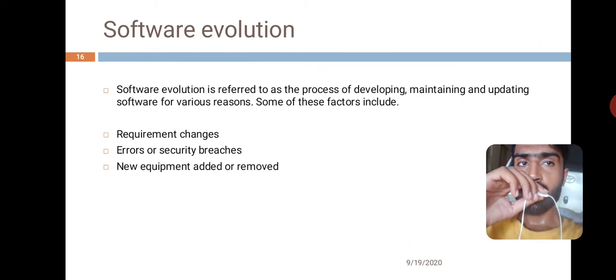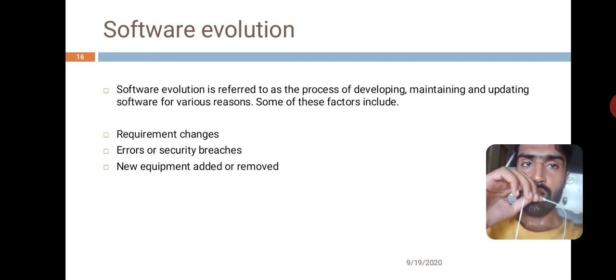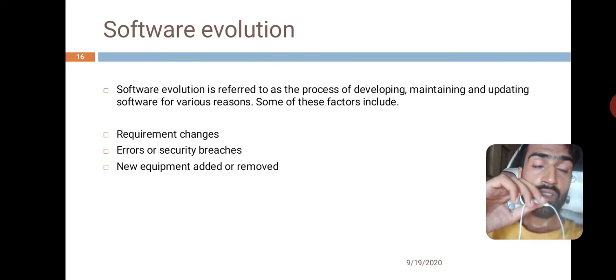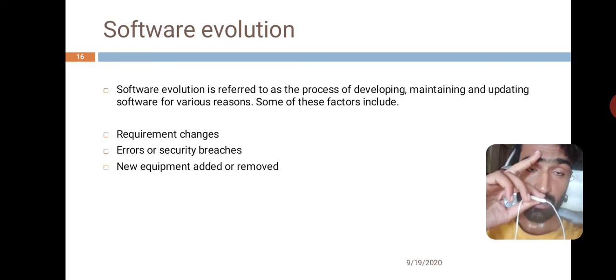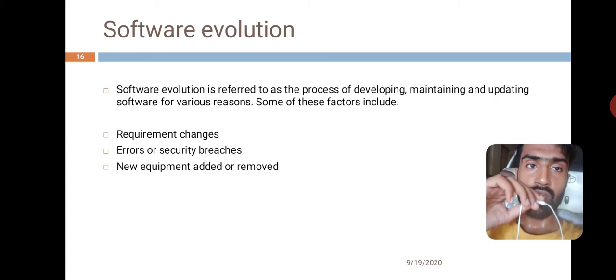Software evolution. Software evolution refers to the process of developing, maintaining, and updating software for various reasons. Some of these factors include requirement changes, errors or security breaches, and new equipment added or removed.